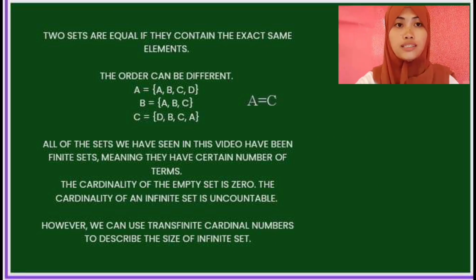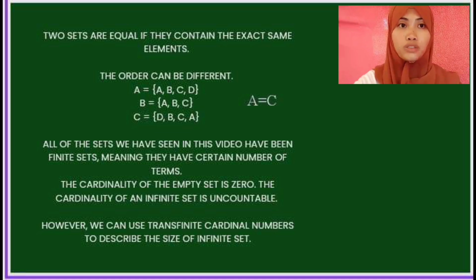Set A and set C contain the letter A. Set A and set C contain the letter B. Set A and set C contain the letter C. Set A and set C contain the letter D. So they have the exact same elements, therefore the two sets are equal. Set A is equal to set C.